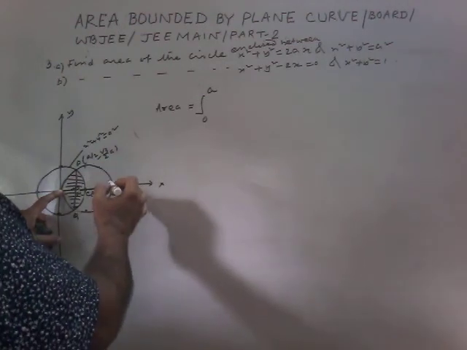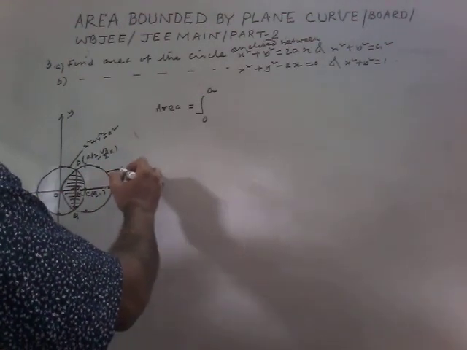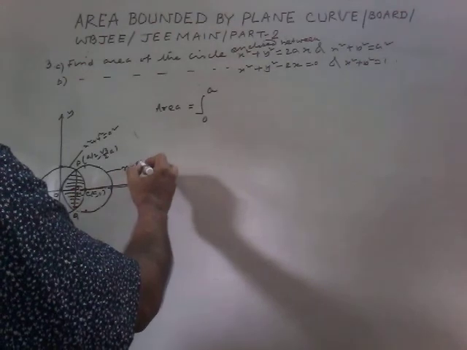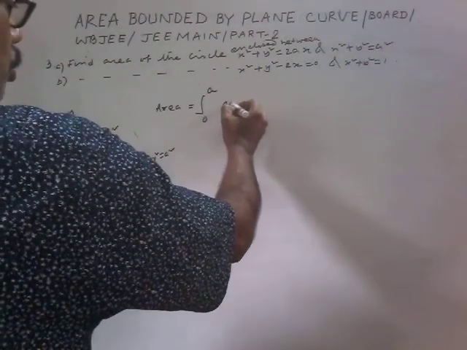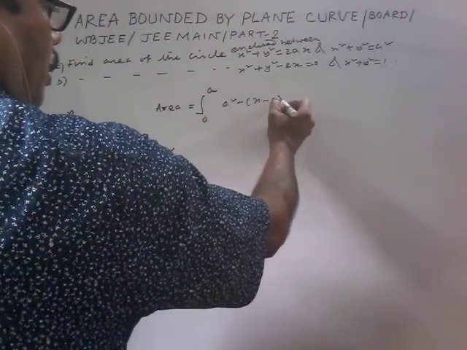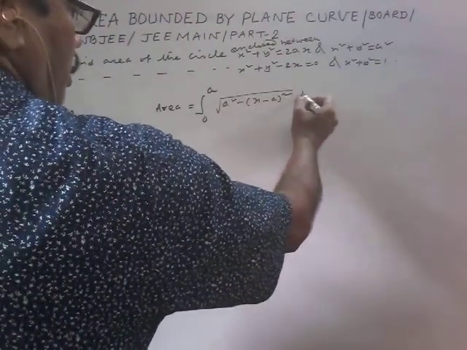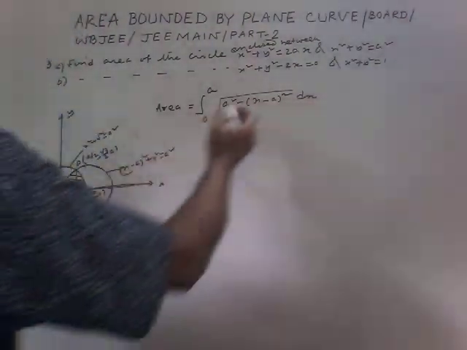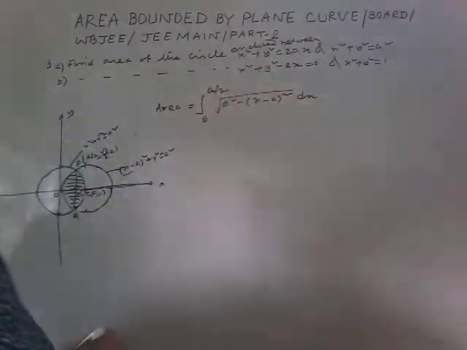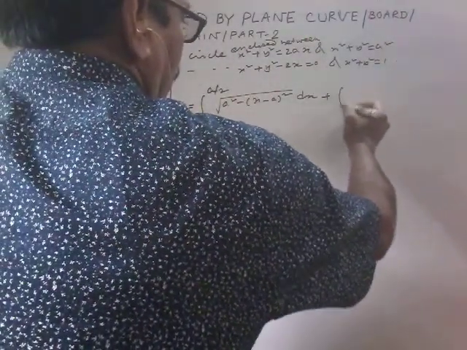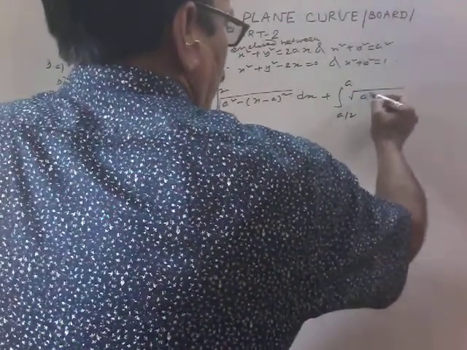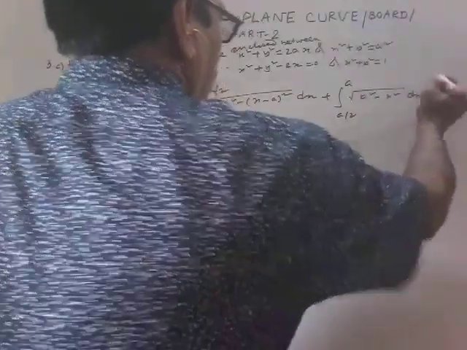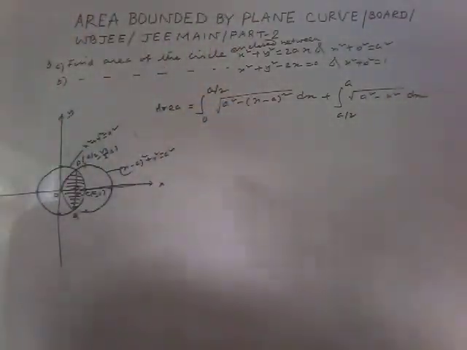This curve means x minus a whole square plus y square equals a square. So root over a square minus x minus a whole square dx, plus a by 2 to a, second curve, root over a square minus x square dx.